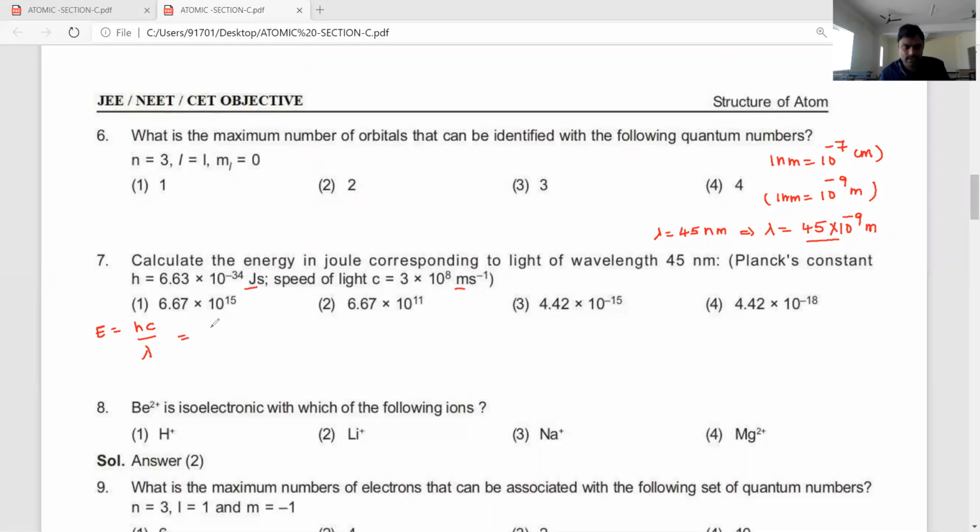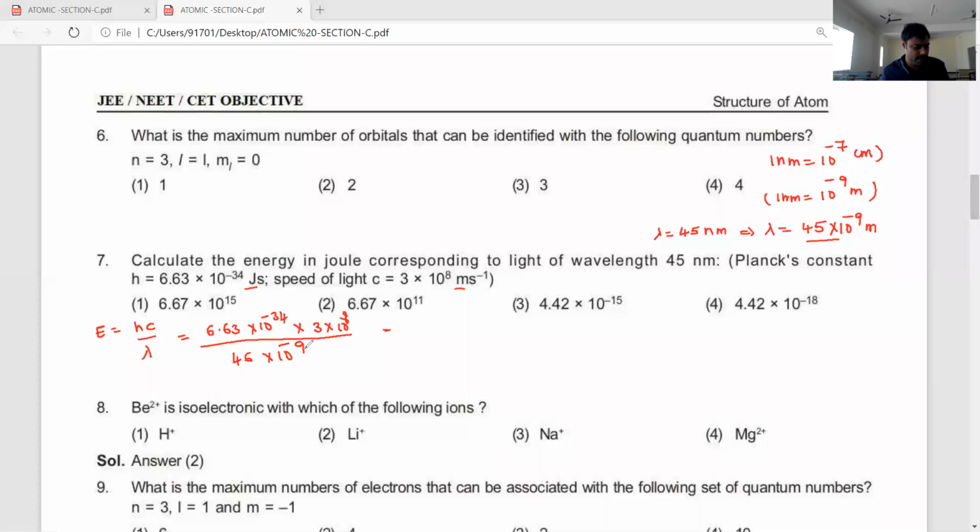Then the answer: substitute the values. 6.63 into 10 to the power of minus 34 into the C value 3 into 10 to the power of 8, by lambda, which is 45 into 10 to the power of minus 9. On simplification, how to do the simplification? Here 10 to the power of minus 34.